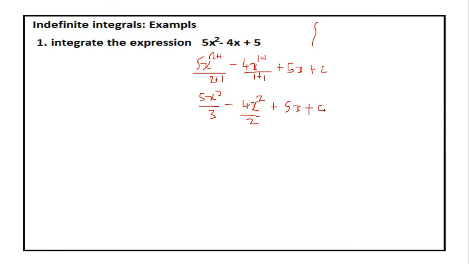So we have that one, then we can reduce it. So this one will remain the way it is, 5 over 3 x to the power 3. Then this one will be minus 2 in here, 1, 2 in here, 2. So minus 2x squared plus 5x plus c. So we have successfully integrated.